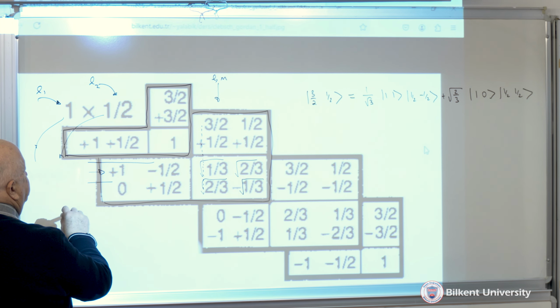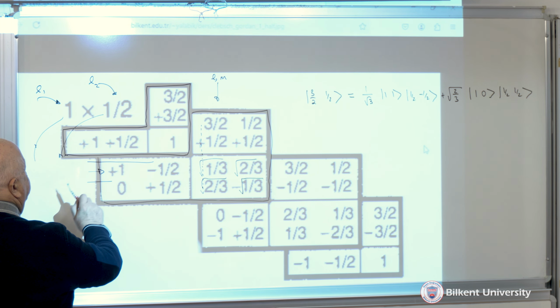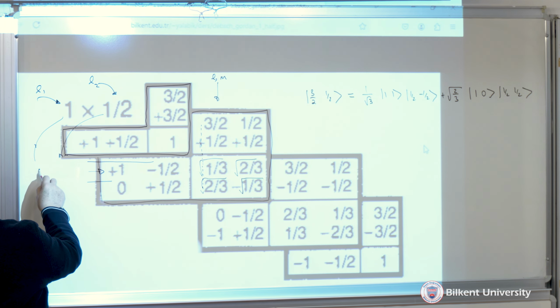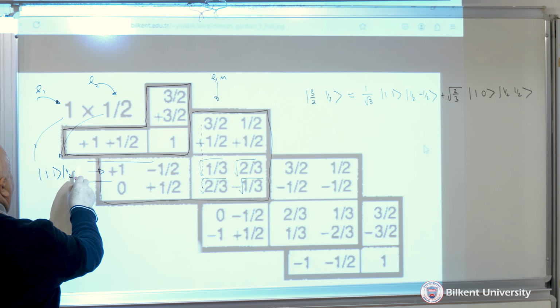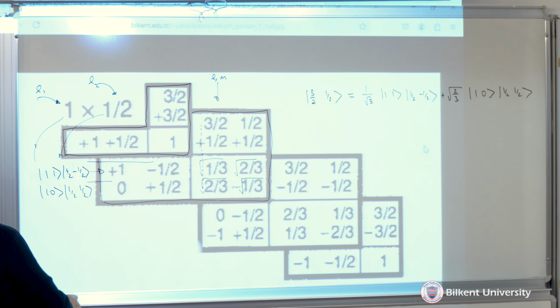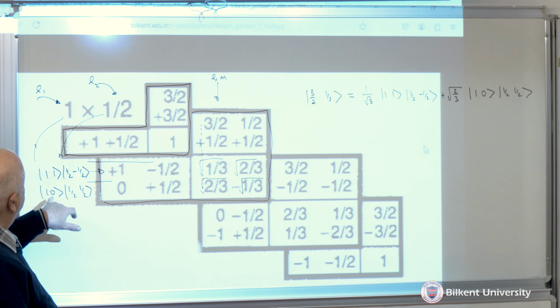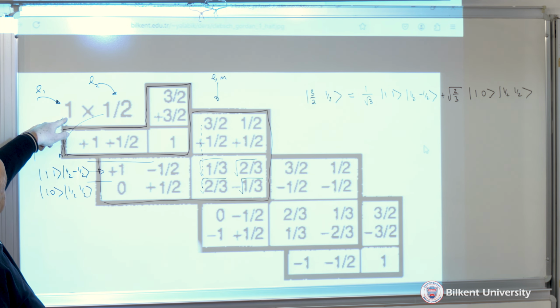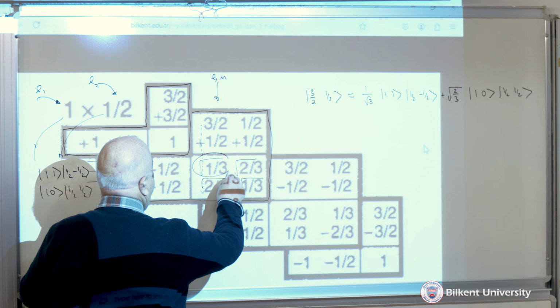This first line is associated with 1, 1/2 minus a half, and this is associated with 1, 0, 1/2, 1/2. So I pick out the L value from this part and the M values from that part, and I get this coefficient or that coefficient.